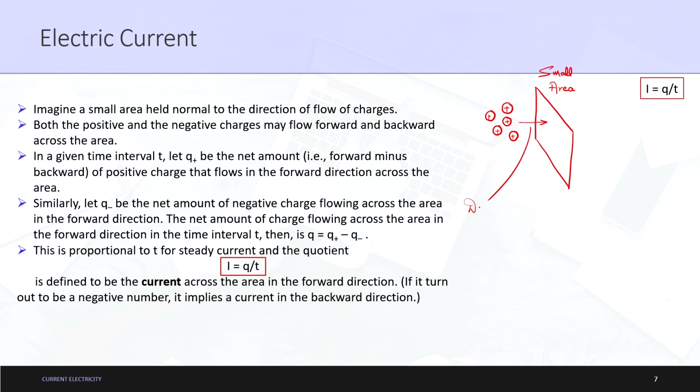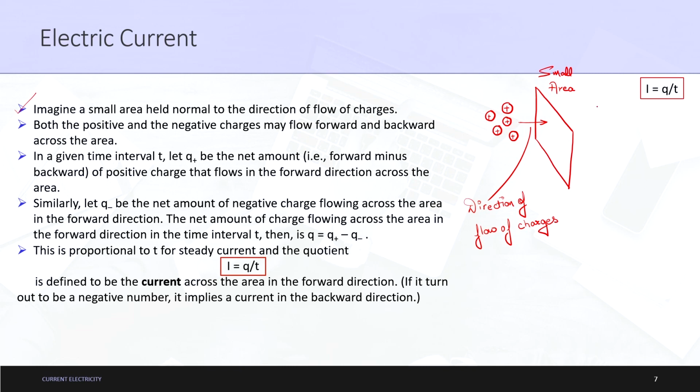Let us suppose this is the direction of flow of charges, and we are assuming that this is the small area being talked about here in the first line. Now, both the positive and the negative charges may flow forward and backward across the area.